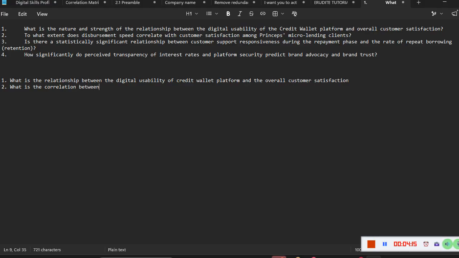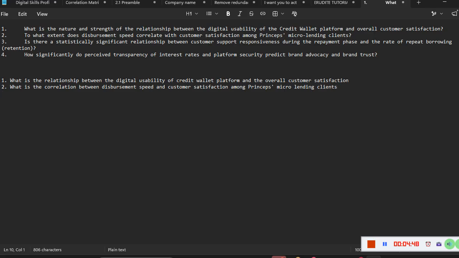between disbursement speed and customer satisfaction among micro lending clients.